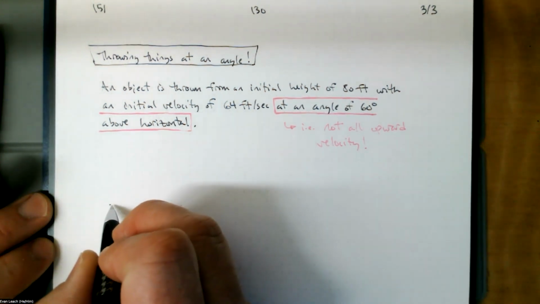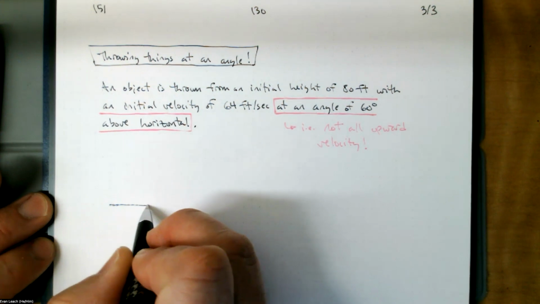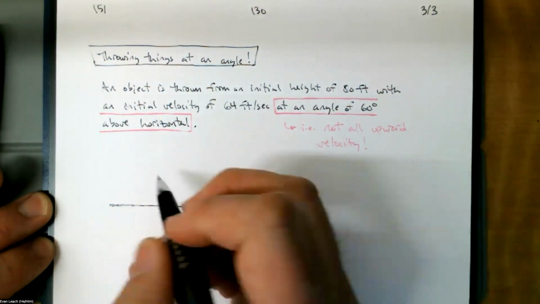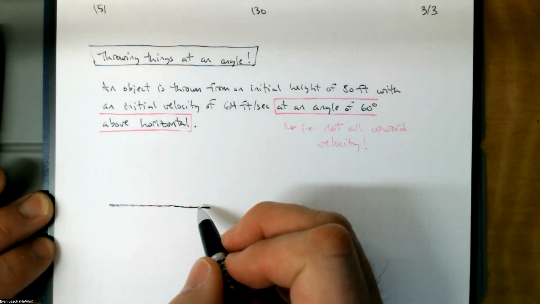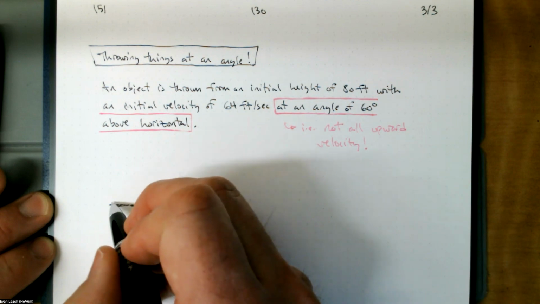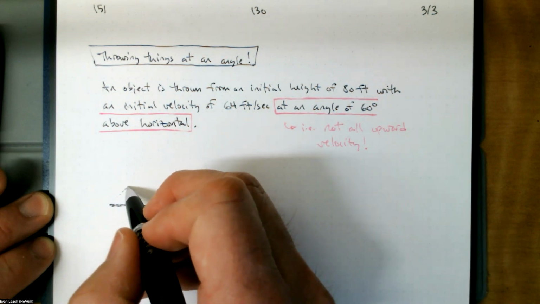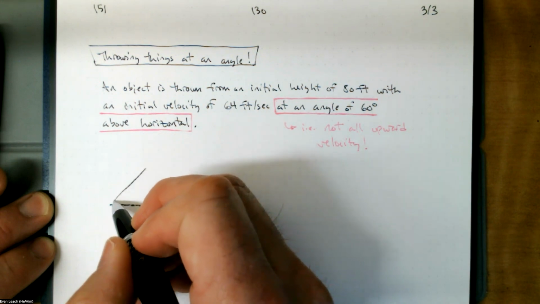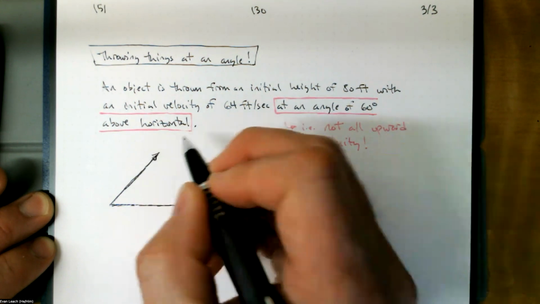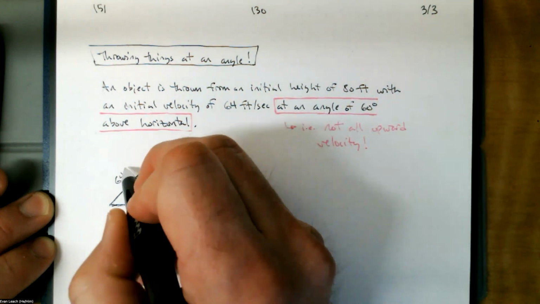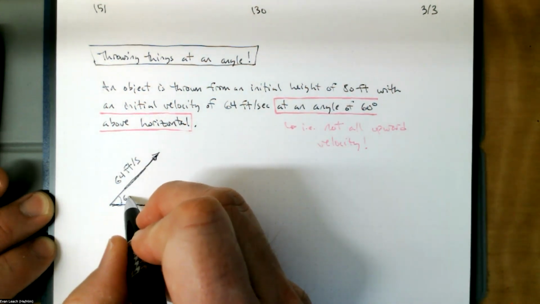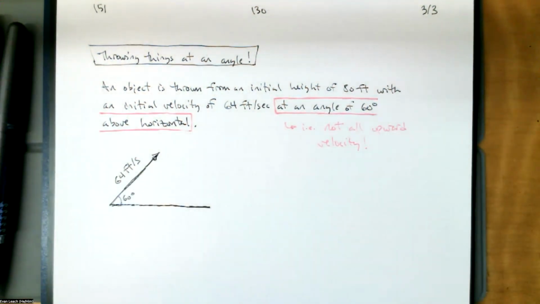So what we're looking at, if we imagine the horizontal here, and we have 60 degrees above the horizontal. So here we have 64 feet per second at 60 degrees above the horizontal.